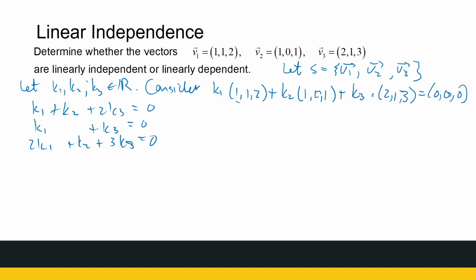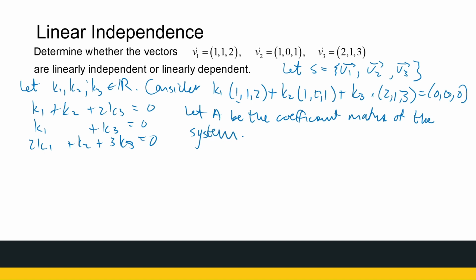Now this one is not so easy. The previous one, the answer just popped out. So let A be the coefficient matrix of the system. Now we know from our previous work, if the determinant of A is non-zero, then AX equal to 0 has only the trivial solution.